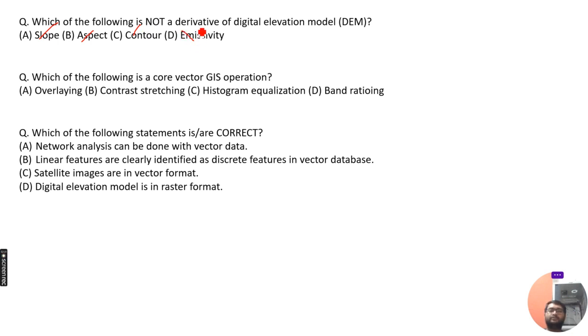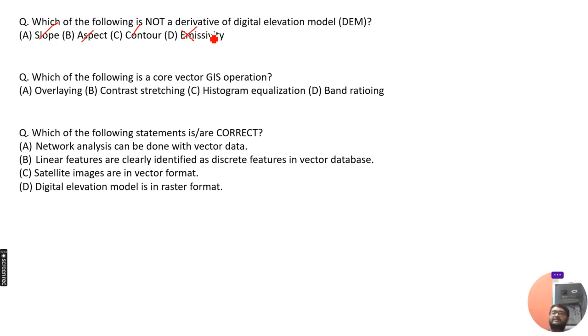Emissivity we can't do. For that, we need additional parameters such as vegetation, the NDVI, and other indices related to land surface temperature, brightness temperature, and so on. So it will be helpful in the LST calculation. We need brightness temperature from the satellite, then emissivity, and then there are formulas from which we will calculate the land surface temperature.